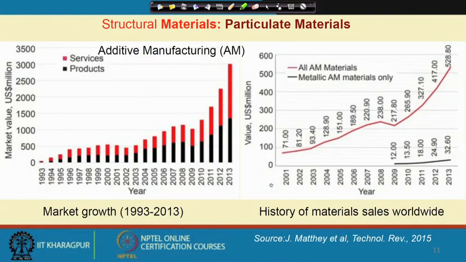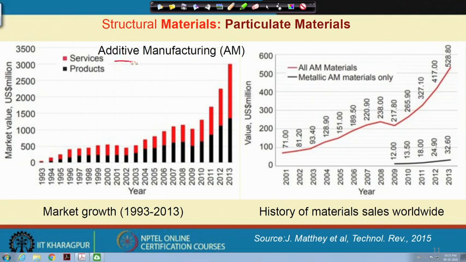The particulate materials made by this additive manufacturing technique, for making products or services, are shown here in terms of market value and market growth from 1993 to 2013, the last 20 years.